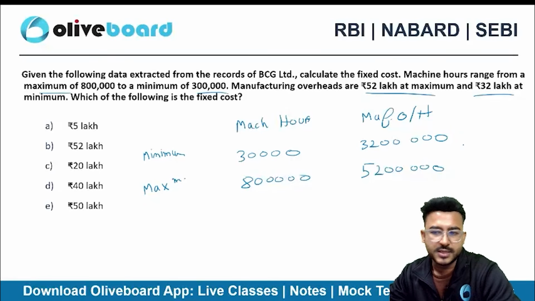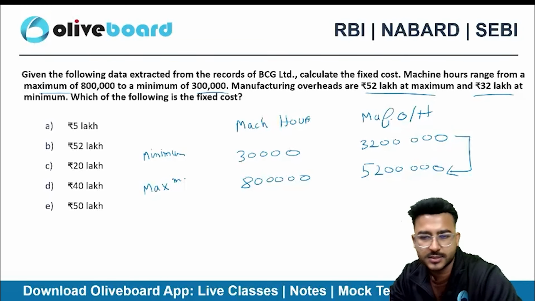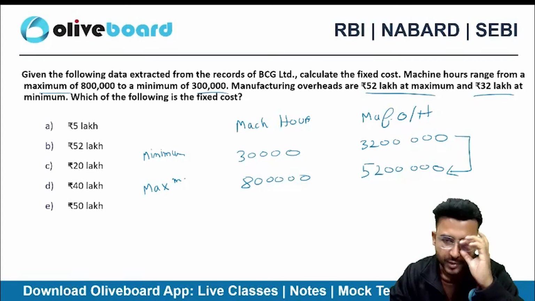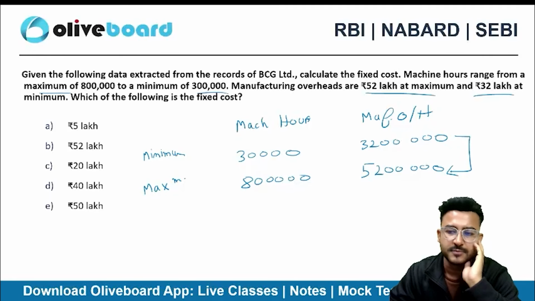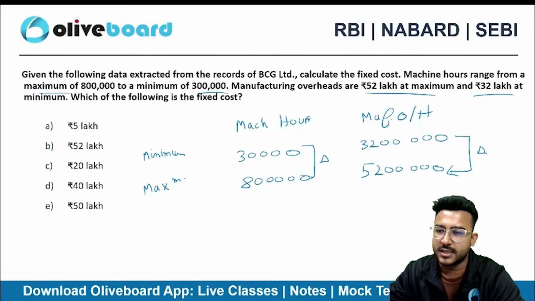Now, guys, some students might be thinking that the difference between the manufacturing overheads will be the fixed cost, which is also 20 lakh rupees here, which is a coincidence. Right? It's not the difference between 32 lakhs and 52 lakhs. That's not the correct approach. The correct approach is the change in the machine hours and the change in the manufacturing overhead.